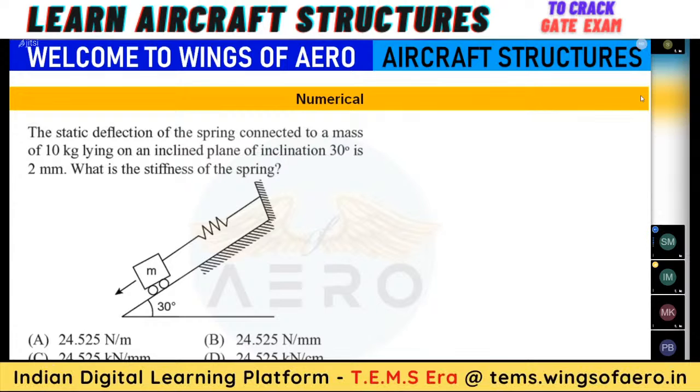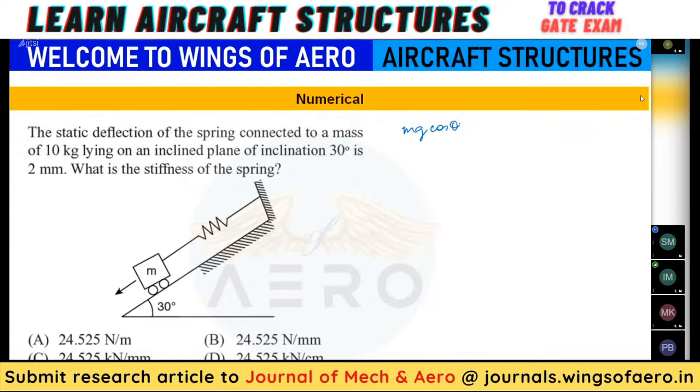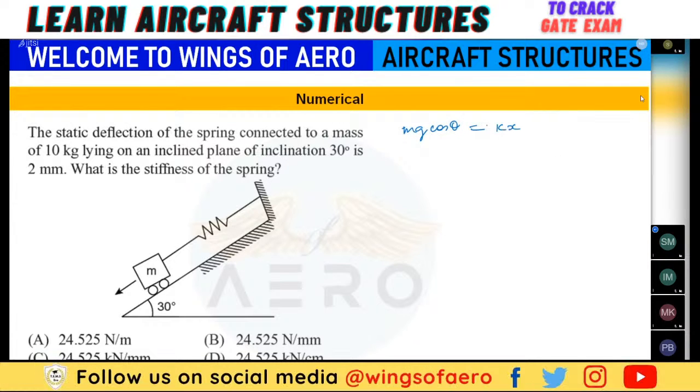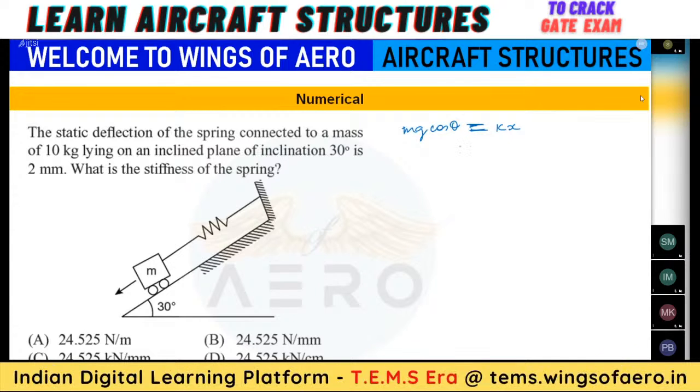Ma'am, balancing the force, mg cos theta is equal to kx. Okay. We have mg cos theta equal to kx, the spring constant. So we can find the stiffness. From here, what is x then? x is given as 2 millimeter.